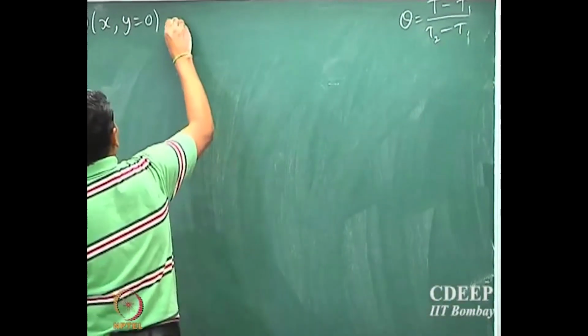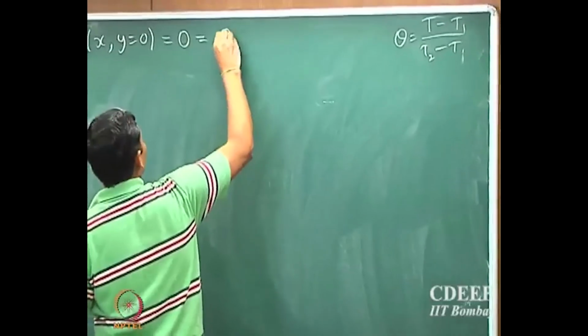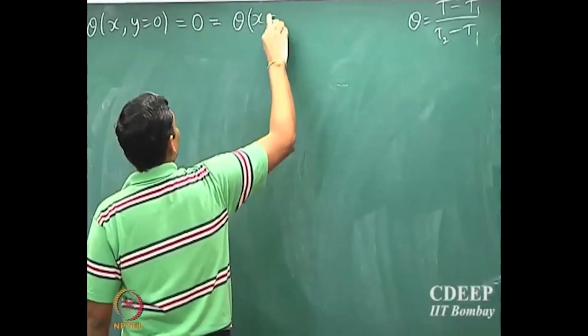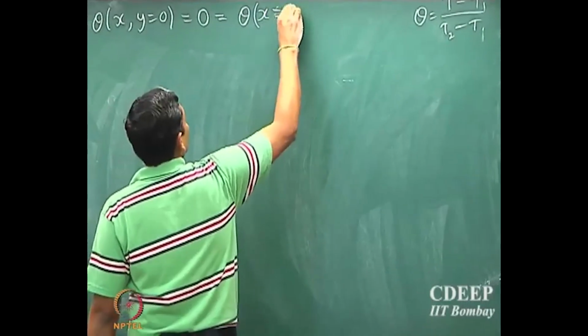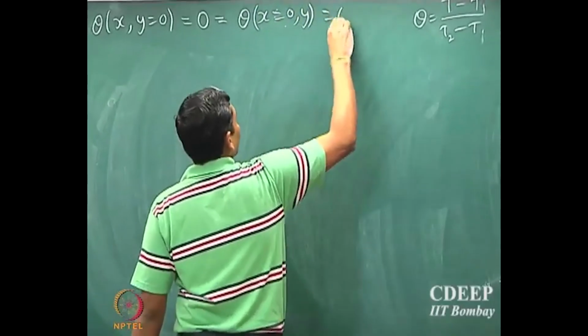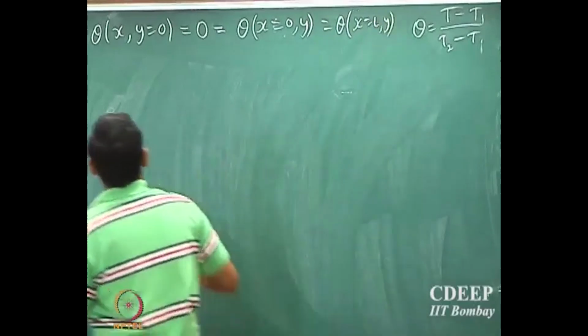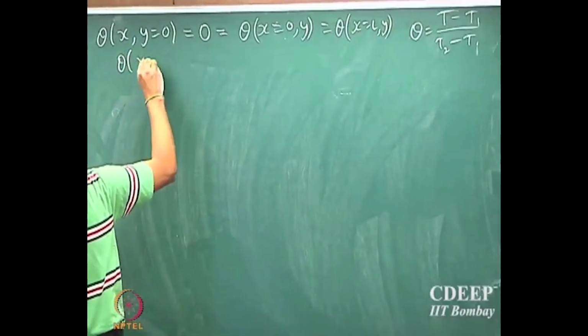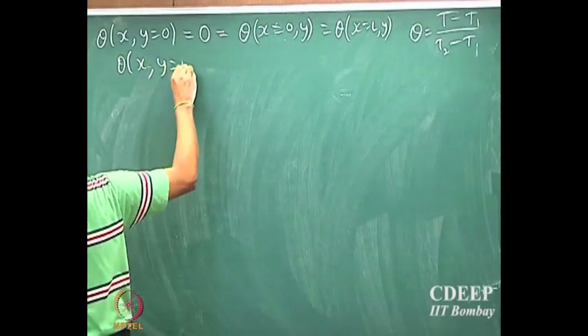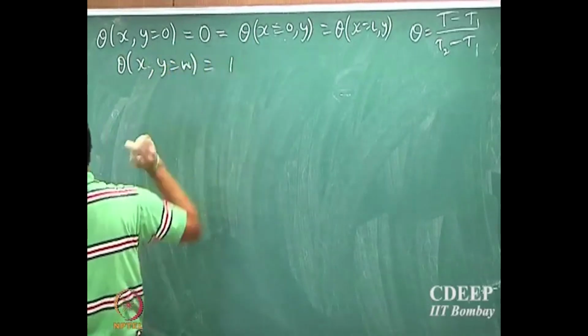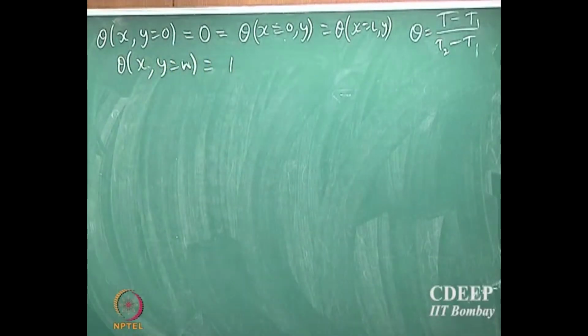So this is 0, and that's also equal to theta at x equal to 0 comma y, and that's also equal to theta at x equal to L comma y. And theta at x comma y equal to W will be equal to 1. In fact, it is for this reason that we chose that type of scaling. So your boundary condition essentially becomes 0 and 1, and it helps in solving the problem.